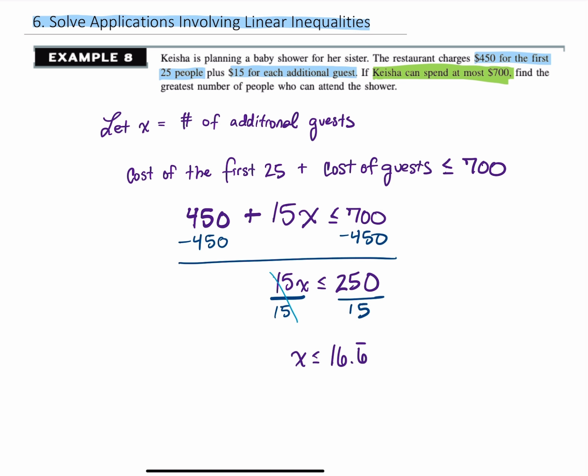And so we want to be less than or equal to this. We're going to find out the maximum number. And so we wouldn't want to pick being equal to 16.6 repeating because we're talking in terms of whole people. And even though this is 16.6, we wouldn't round it up to 17 because we can only be less than or equal to this number. So here we would want to round down.